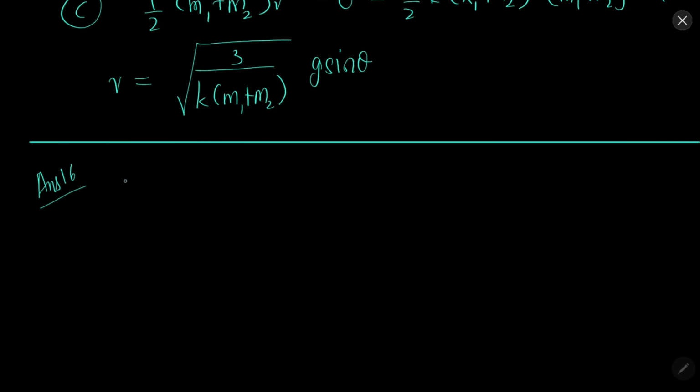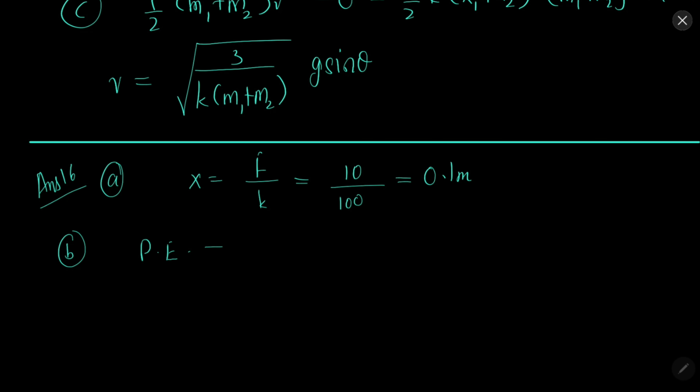Solution 16, A part. In equilibrium, the compression will be F over K. F is 10, K is 100, so 0.1 meter. Potential energy plus kinetic energy is half kx square plus half mv square.